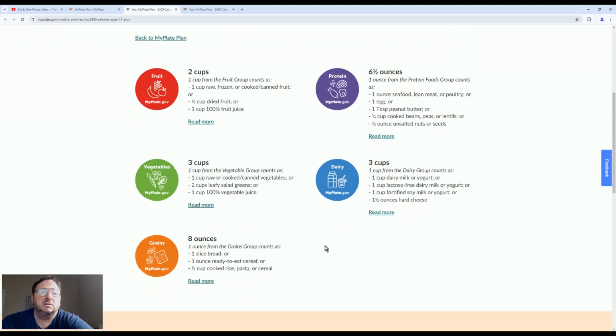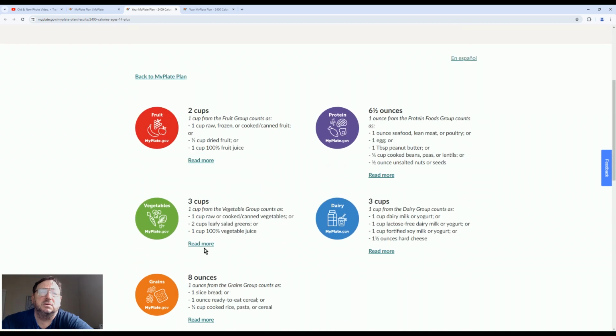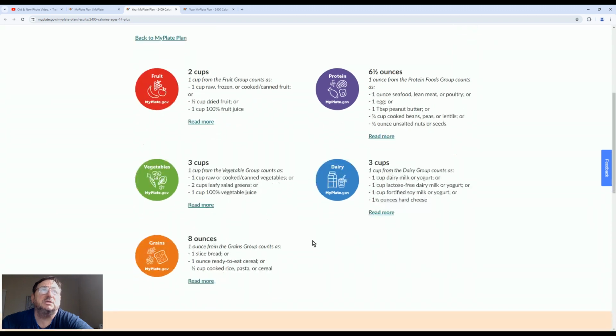Dairy, well, this would be carbs, grains and all that. Eight ounces. That is quite low on carbs. Well, plus you have cheese.